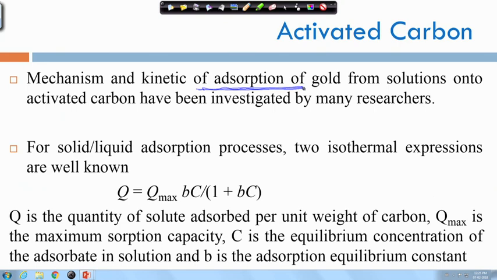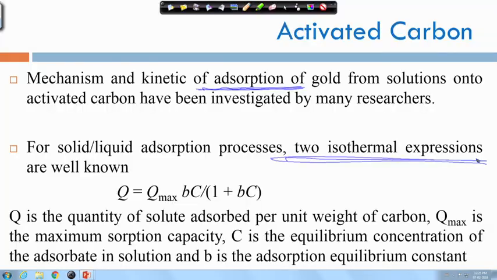Whenever we talk about the adsorption process, the concept of isotherms comes in, like Freundlich isotherms or Langmuir isotherms, and you have a partition coefficient. Partition coefficient is how much would be in the solid phase versus how much would be in the liquid phase. For solid and liquid adsorption, this is the typical equation used.